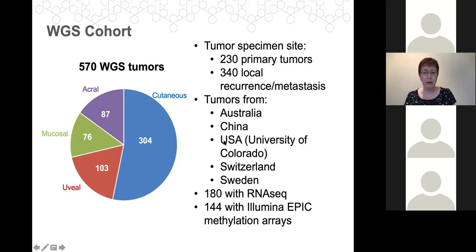We also have some other tumours from collaborators in the United States, Switzerland, and Sweden. We also have matching RNA sequencing for about 180 of these samples, and 144 that have methylation data in the form of Illumina EPIC methylation arrays.